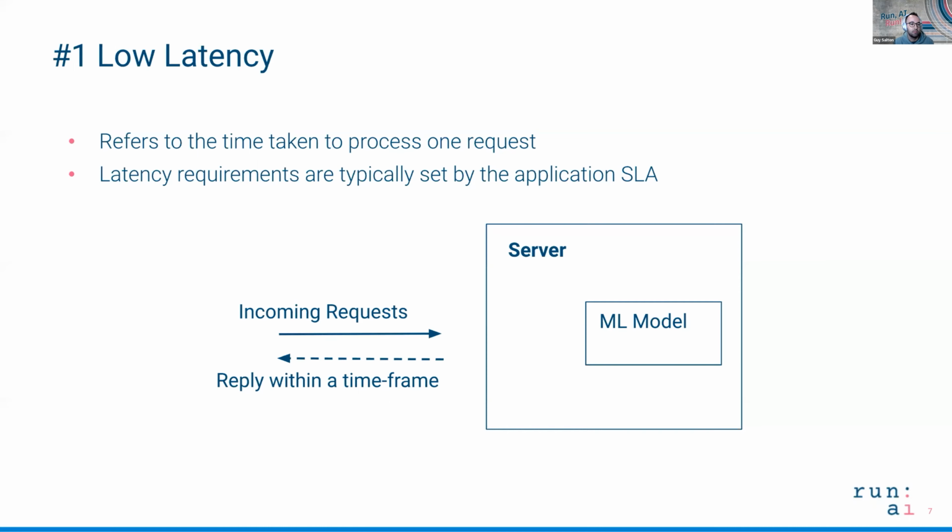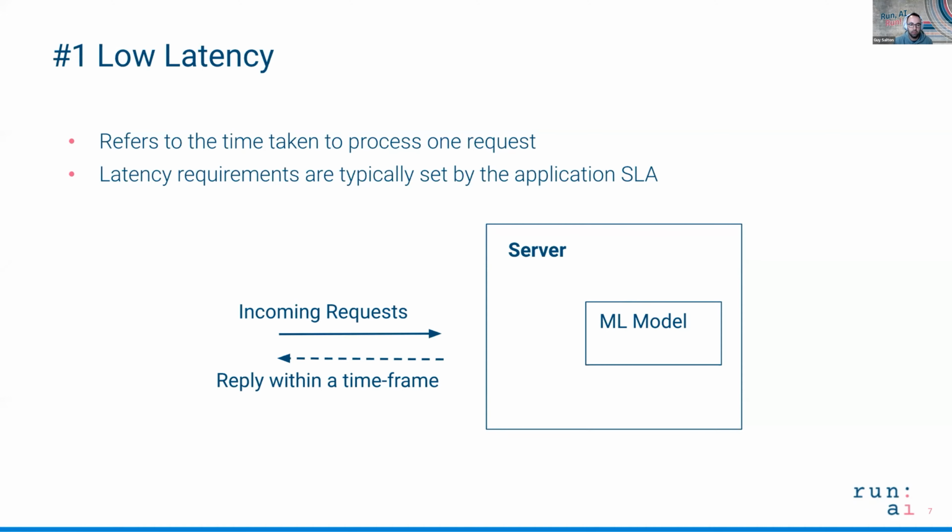Starting with latency, which refers to the time taken to process one request. Imagine we have some web server that is hosting our machine learning model, and we have requests coming in, and the latency measures the time taken to process one request.